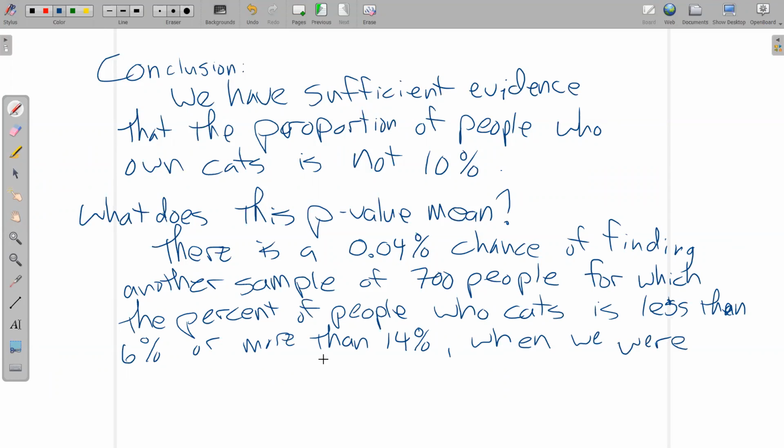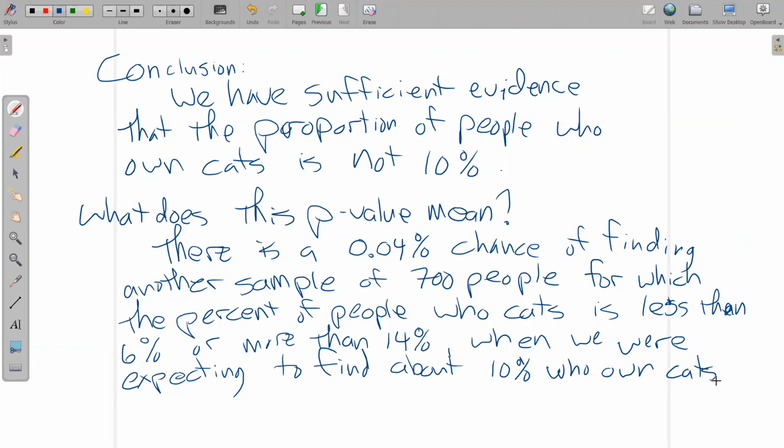And that's the null hypothesis in the middle.